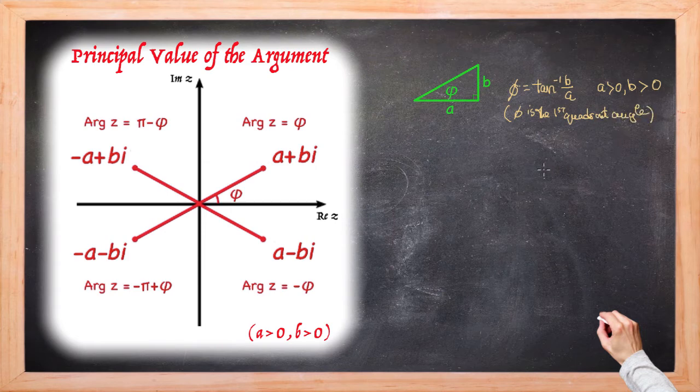So let's see if we can begin to develop a method of finding the principal value based on finding the first quadrant angle. Now there are exceptions. If the complex number lay on the axes, then that's a special case. We'll have a look in a minute at that. But as a step one, we'll assume we've got a complex number x plus iy.